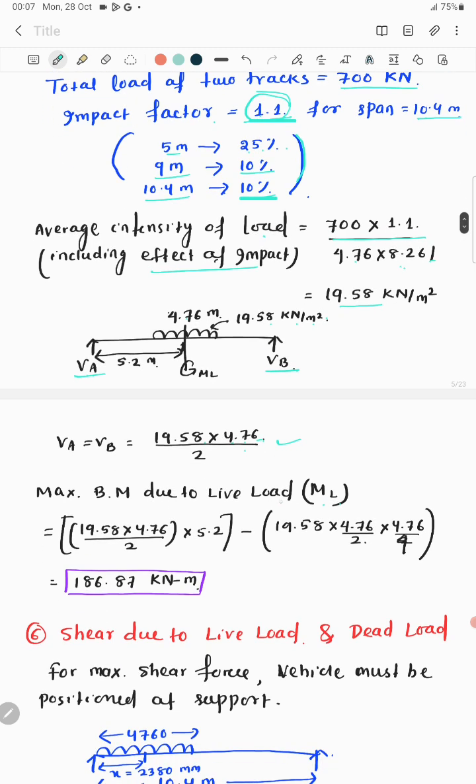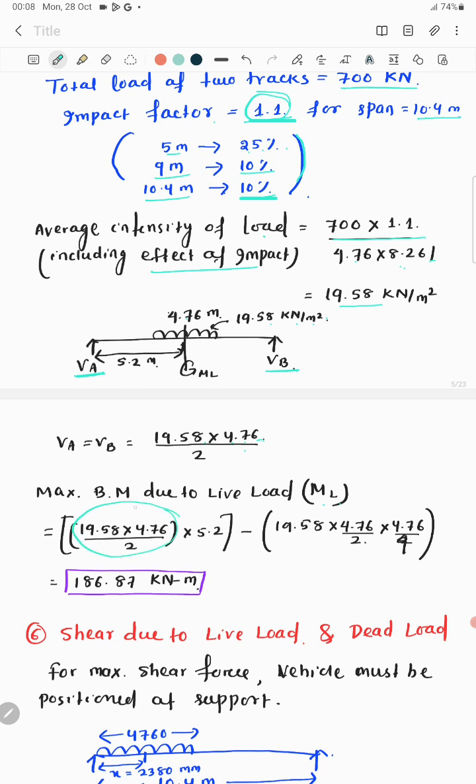So maximum bending moment due to live load ML is equal to the positive moment due to the shear force. So this shear force value is 19.58 into 4.76 by 2.